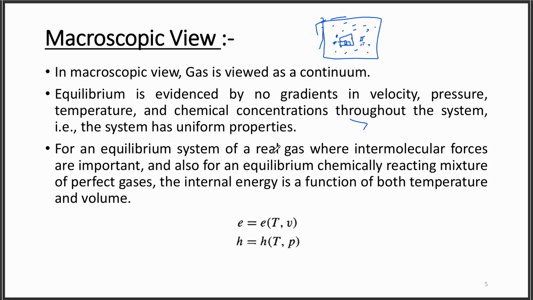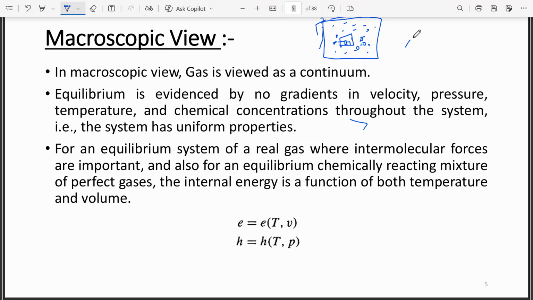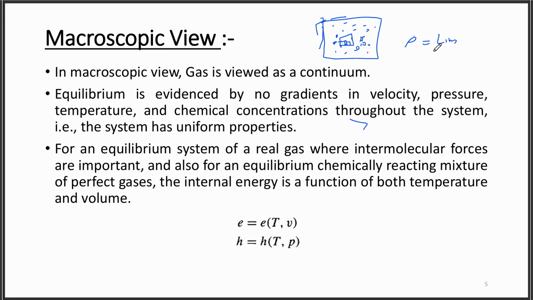Even if we take it here, here, here, or if we keep decreasing the volume, density is given by the limit as delta V tends to 0 of m upon delta V. If we plot this density against delta V and keep reducing it, there will come a time when the density remains constant. It will not change. If we are able to achieve that, it means the flow is in the continuum.